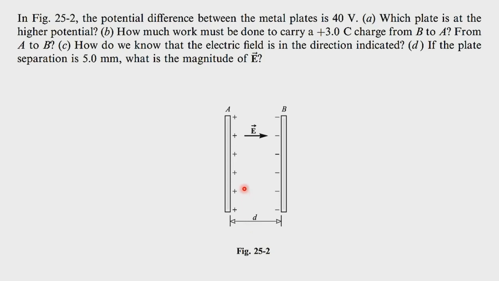As it was discussed in our previous lesson, when there are different charges, it will produce an electrical field, and therefore between A and B there should be an electrical field within.